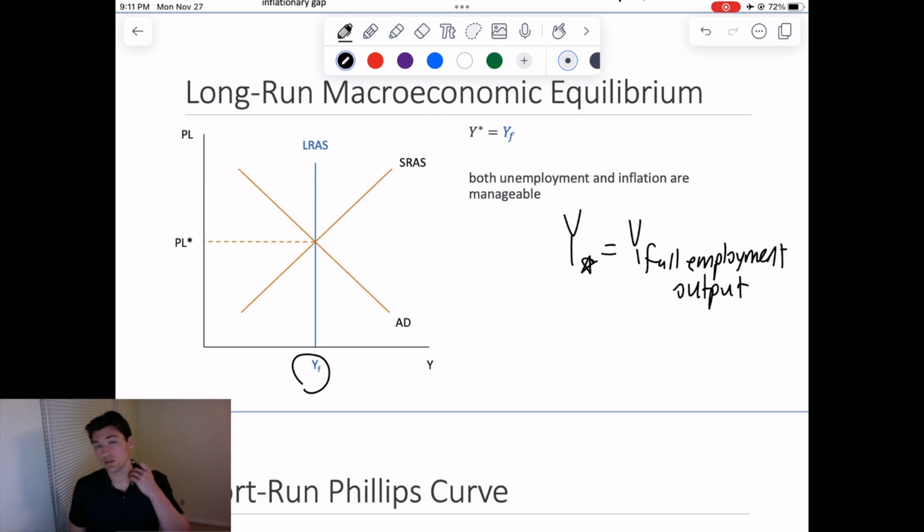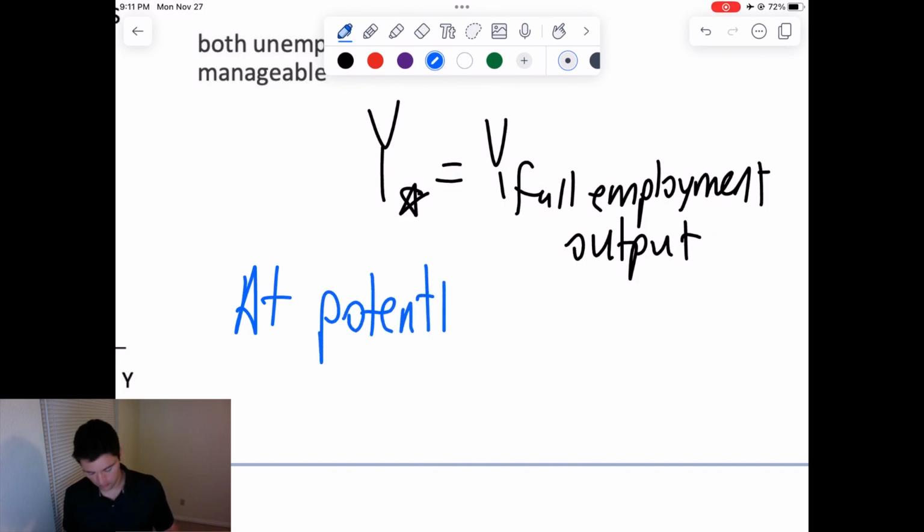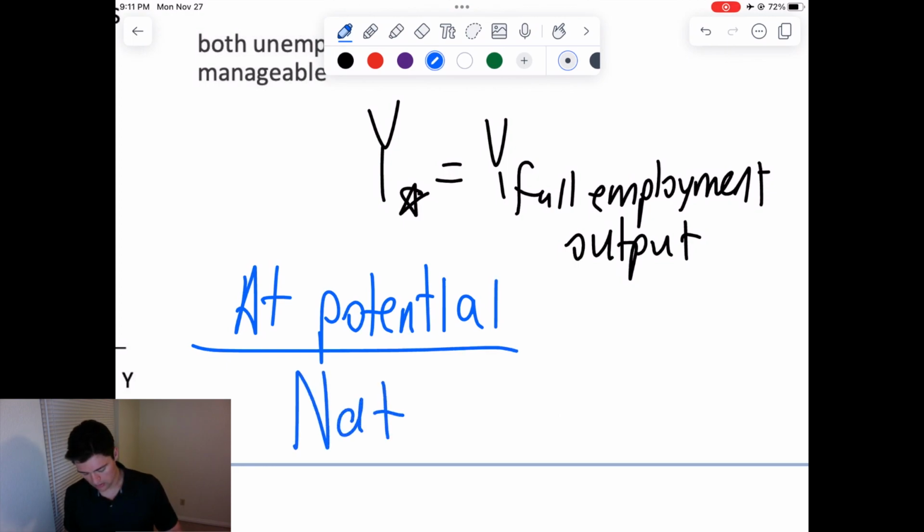If you're in equilibrium, this means that you are at your potential. And if you are at your potential and you're at full employment, this means you also have your natural rate of unemployment.